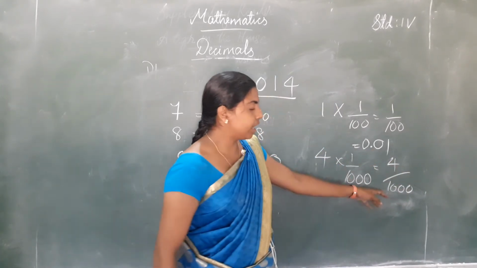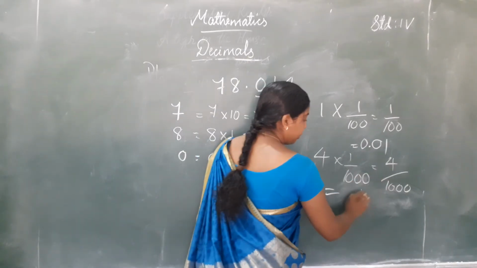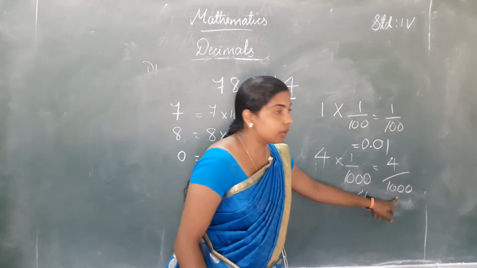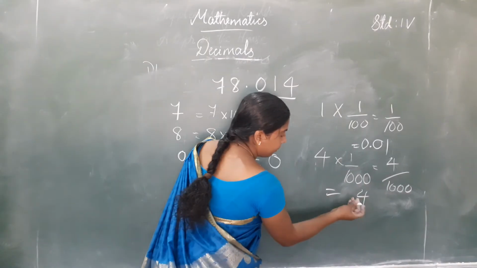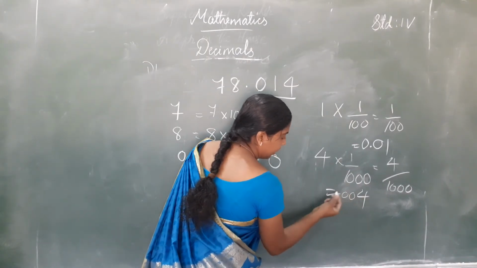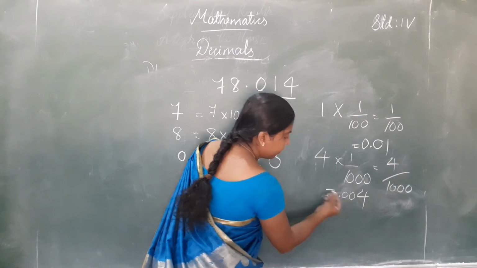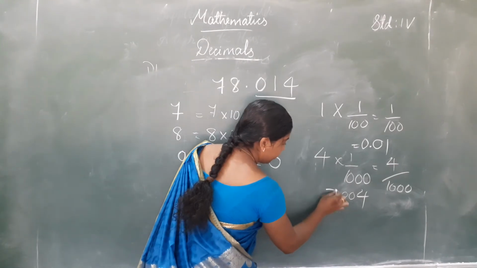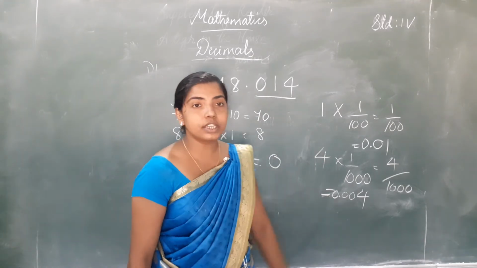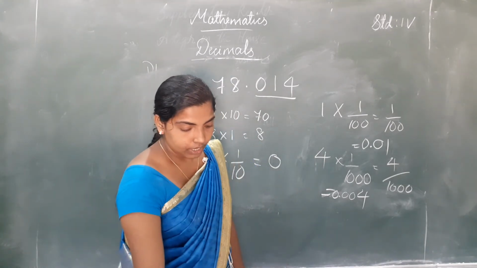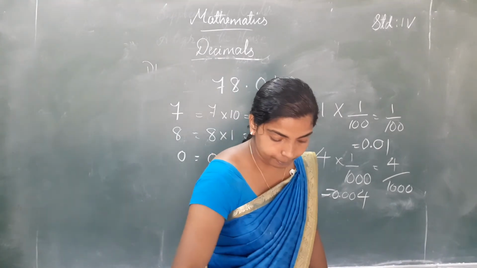Now we have to express it in decimal form. 4 is written as it is. How many zeros? 3 zeros. So after 3 places we have to put a point. 1st place, 2nd place, 3rd place. After that 3rd place we put a decimal point. So the place value of 4 is 0.004. Is it clear?